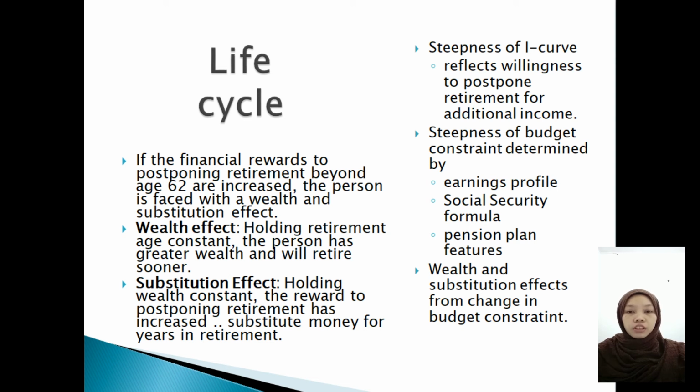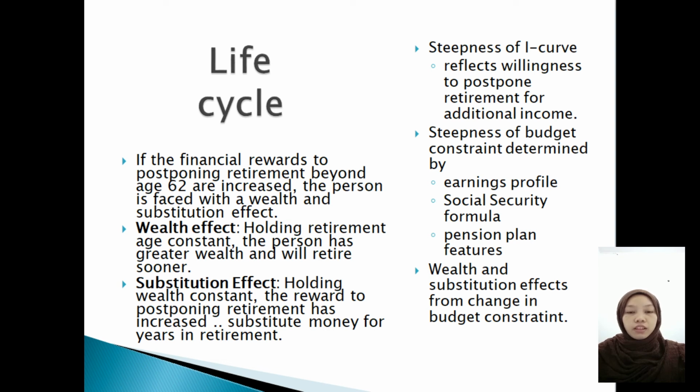The steepness of the budget constraint is determined by the wage profile, the social security formula, the pension plan, future wealth, and the substitution effect from change in the budget constraint. If the financial rewards to postponing retirement beyond age 62 increase, the person is faced with a wealth and substitution effect.